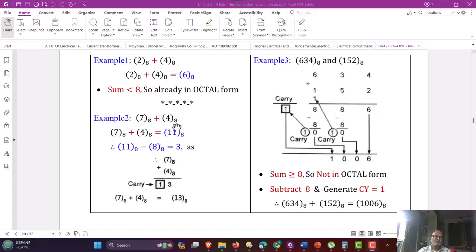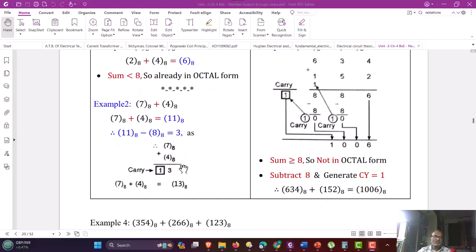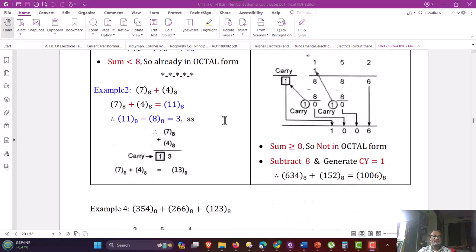Octal numbers are 0 to 7 only in one digit position, and therefore this sum needs to be corrected by subtracting 8 from it. So 11 minus 8 is equal to 3. So as shown below, 7 plus 4 gives you 3 plus carry 1, right? So 13 is the result of 7 plus 4, that is, 13 will be the result of addition of the two octal numbers.